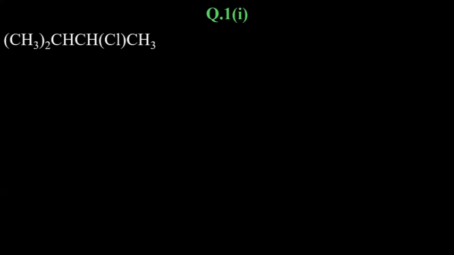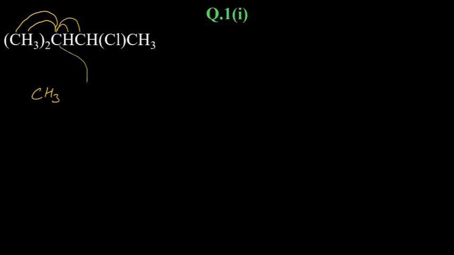So if you expand this one, on this carbon you have two CH3 groups and one hydrogen and one carbon here. Remember how many bonds are there? Four bonds are there on carbon. Two are attached here, one attached here, and one attached here.